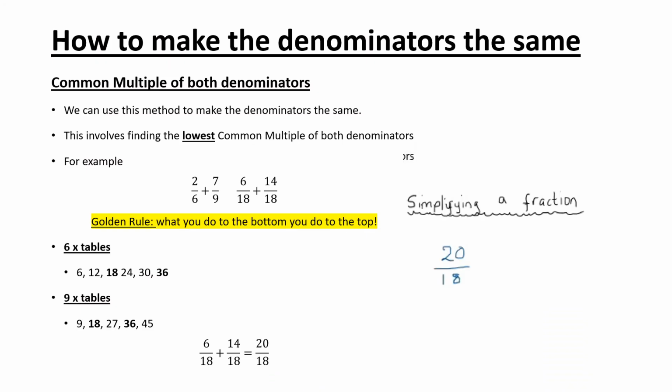So let's have a look at simplifying a fraction. Now we've got the answer 20 over 18. But this answer, 20 over 18, has got a slight problem. The problem is that this is what we call a top-heavy fraction.